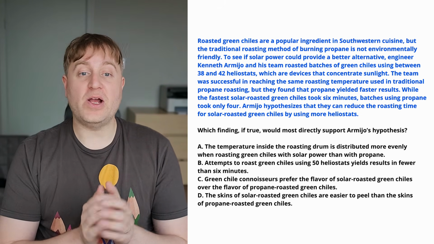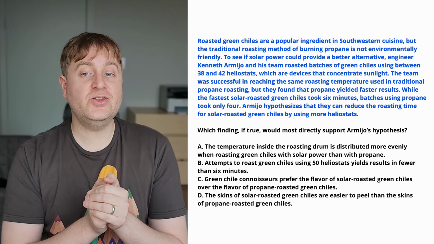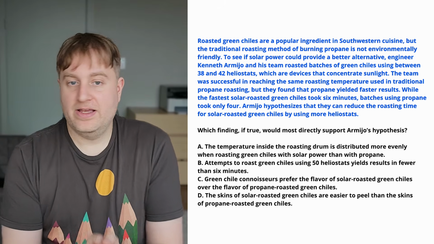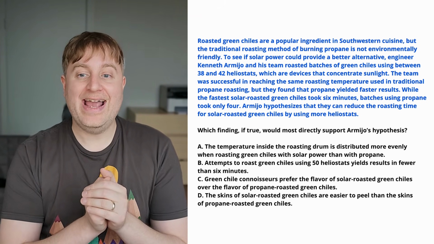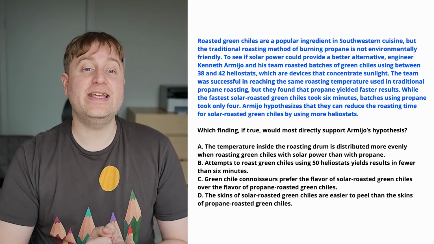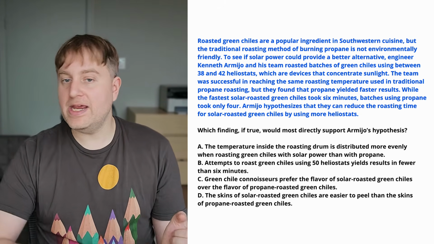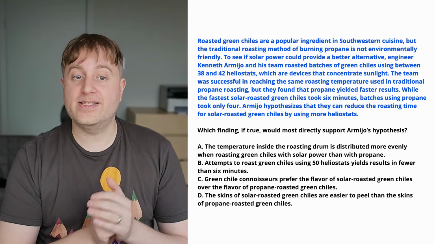Roasted green chilies are a popular ingredient in Southwestern cuisine, but the traditional method of burning propane is not environmentally friendly. To see if solar power could provide a better alternative, engineer Kenneth Armijo and his team roasted batches of green chilies using between 38 and 42 heliostats, which are devices that concentrate sunlight.